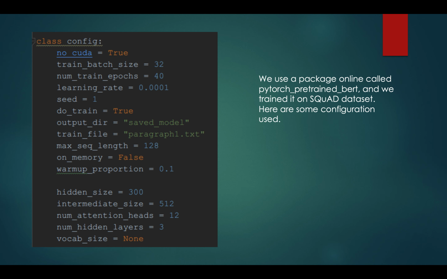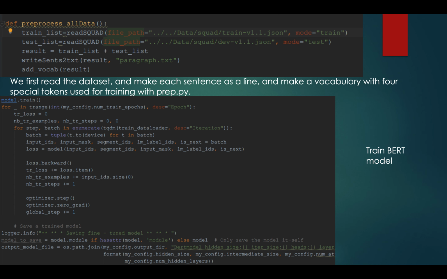And I used a package online called PyTorch pre-trained BERT, and I trained on the SQuAD dataset. Here are some configurations I used. And this is the code to achieve BERT.